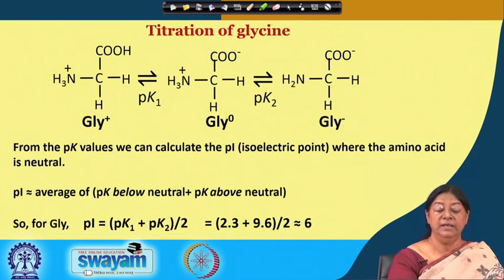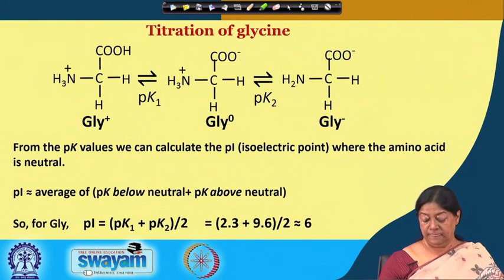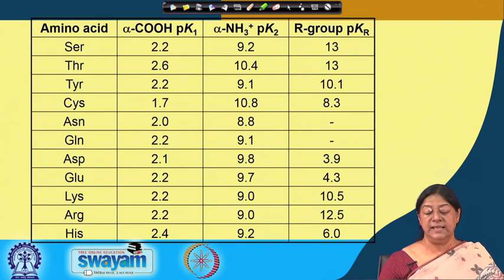So, we will have to locate the neutral charge of the amino acid, check the pK below neutral, check the pK above neutral, and the average of that will give us the pI of that specific amino acid, which we will see in the next class.